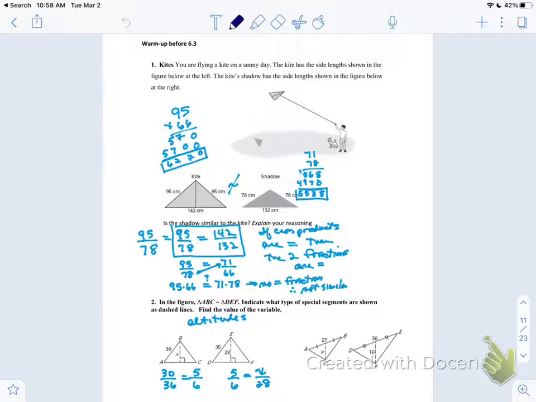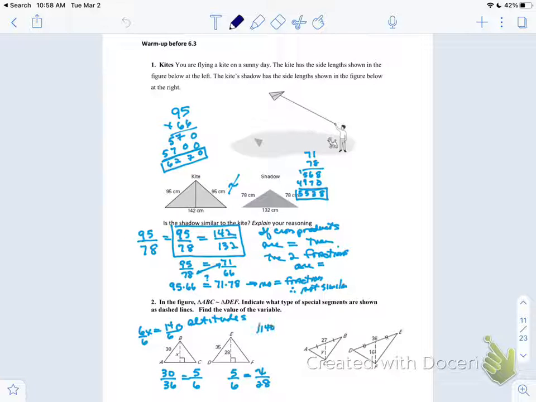So you're going to do your cross products. 6x is going to equal 5 times 28. 5 times 8 is 40, put down the 0, carry the 4. 5 times 2 is 10, 140, and then divide by 6.